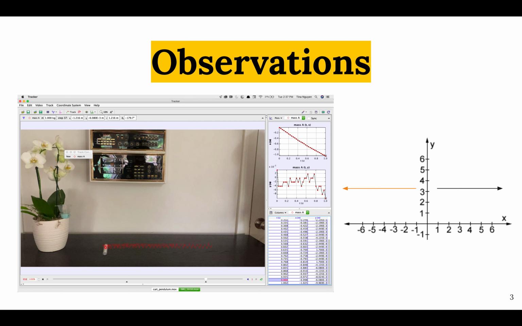The movement is along the negative x-axis as well, which I provided a graph next to the screenshot to show. The yellow arrow indicates the direction in which I pushed, which is oriented on the negative x-axis. If I had pushed the marker from left to right, in the positive x-axis, represented by the black arrow, my data points would have still been the same numbers, just positive instead of negative.